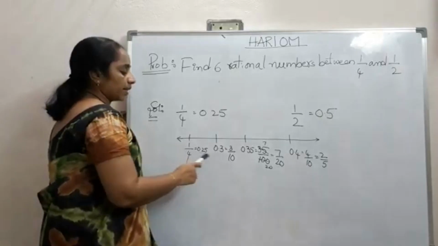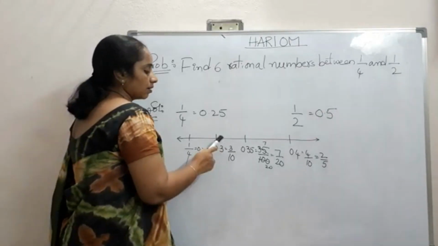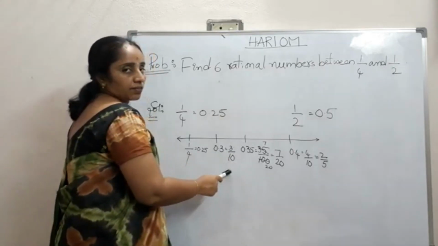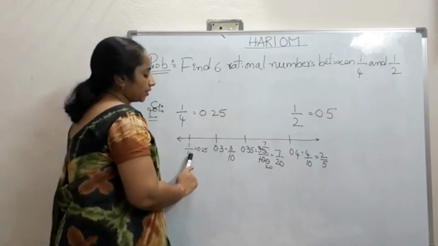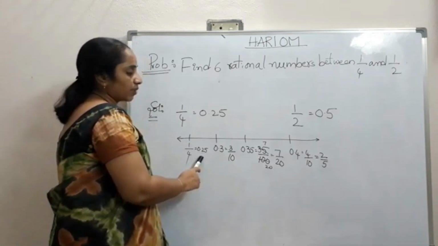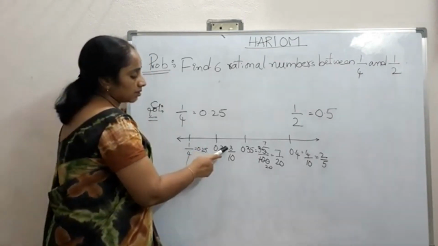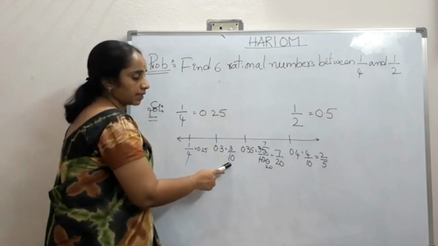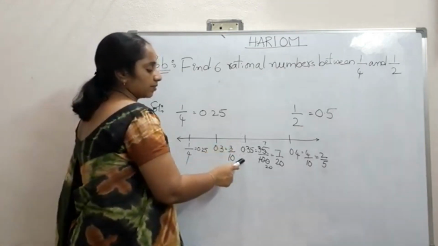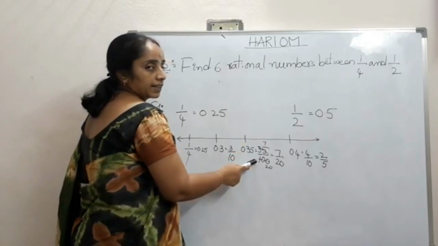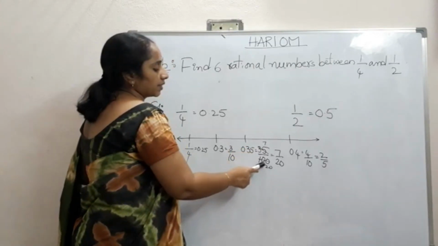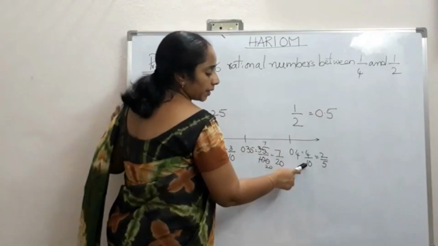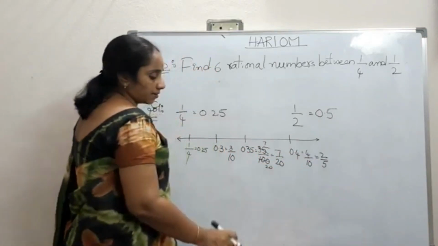See, we can express these all either in decimal form or in fractional form. Between 0.25 we have 0.3, the same we can write as 3 by 10. 0.35 is 35 by 100, which is 7 by 20. 0.4 is 4 by 10, it is 2 by 5.